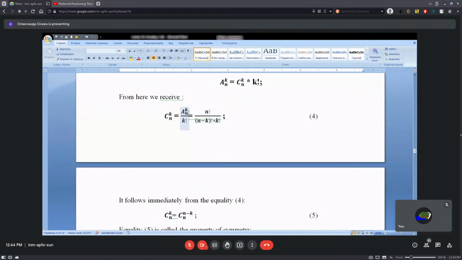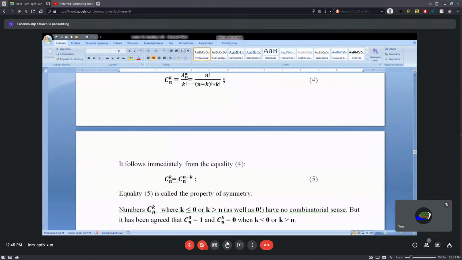Because here, if we substitute n minus k instead of k, here we have n minus k, and here it will be k. This equality is called the property of symmetry.